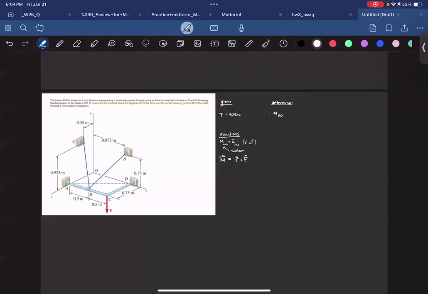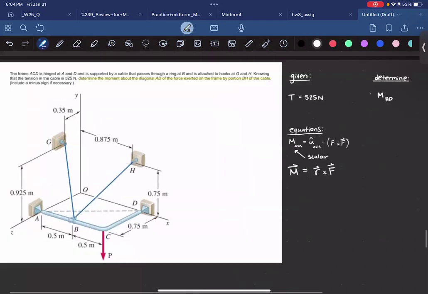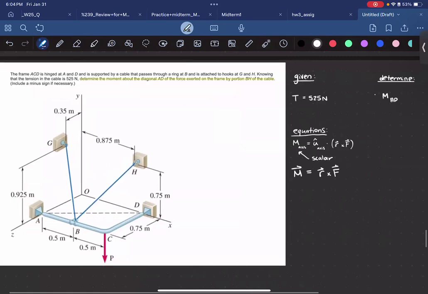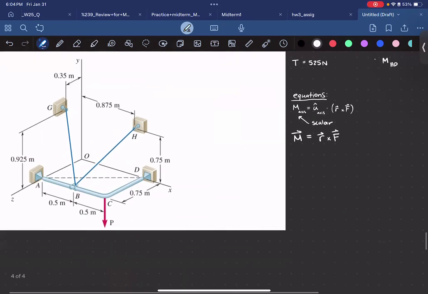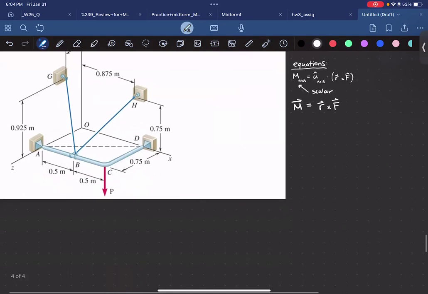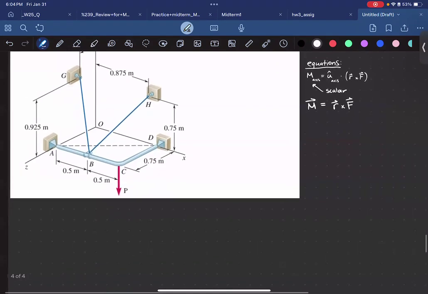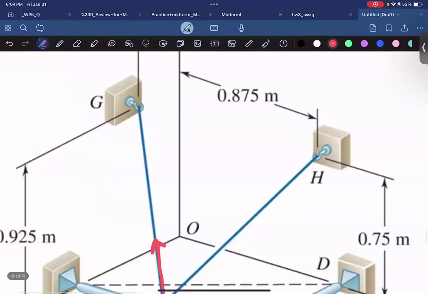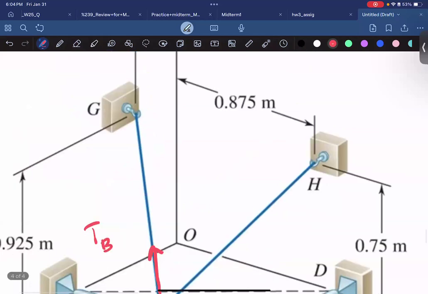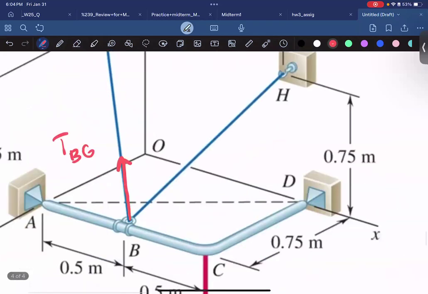Specifically, the problem wants to know what the moment about the diagonal AD is, and it also wants to know it from the force from the tension BH. So really, we know that there's a tension TBG, and there's tension here TBH, right?